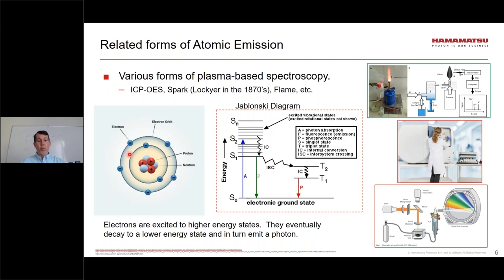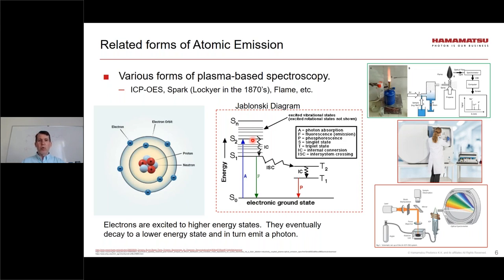Whatever the form of excitation may be, whether it is from a spark, from an inductively coupled plasma, from a flame, there's a lot of means of exciting the atoms and causing these electrons to go from their ground state to an excited state, as shown here in the Jablonski diagram.